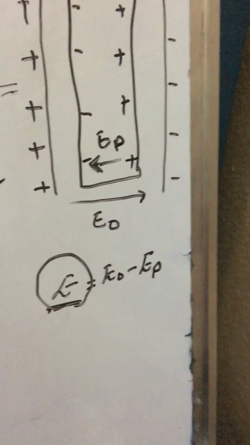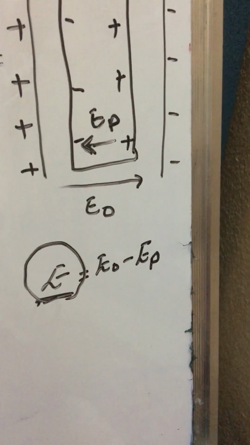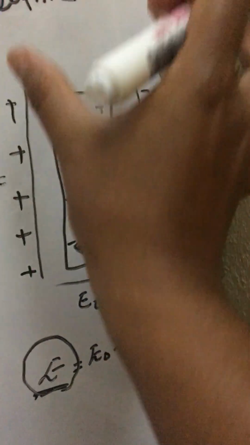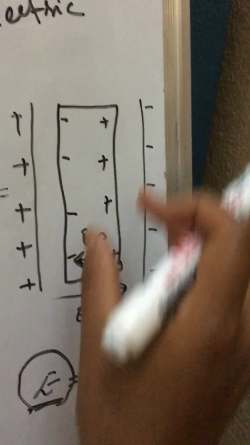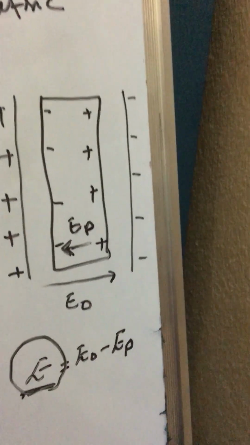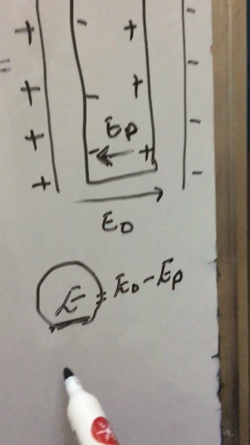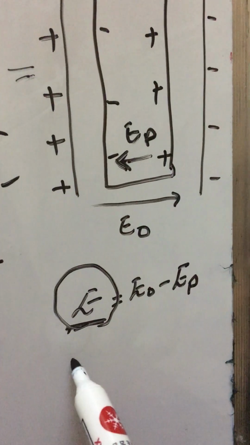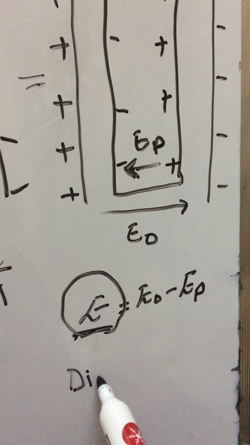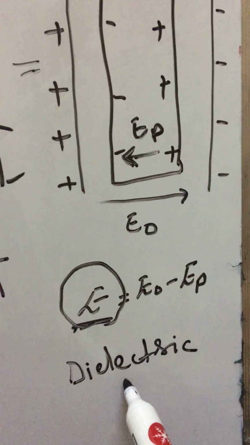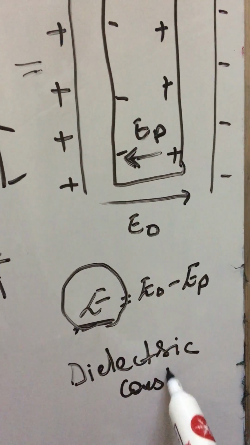When you keep the dielectric between the plates of a capacitor, the electric field is reduced. To tell about the dielectric property, we have one quantity which is known as the dielectric constant.